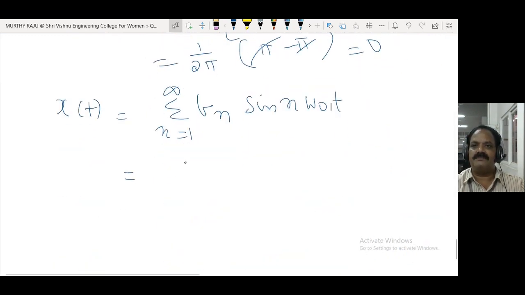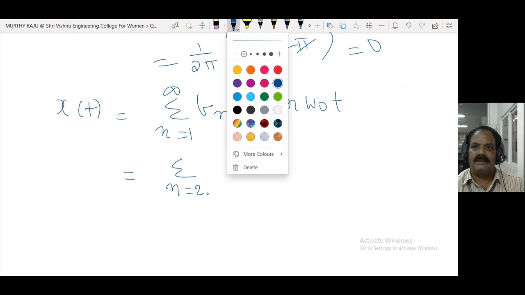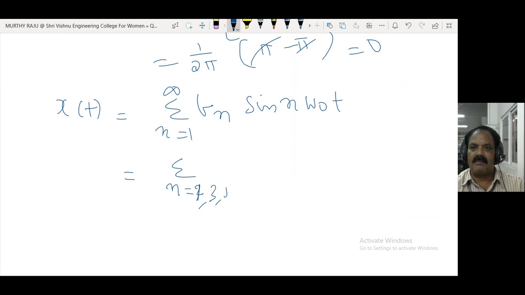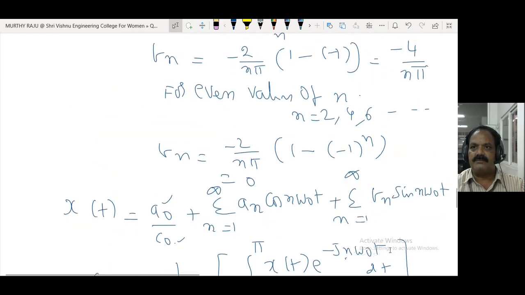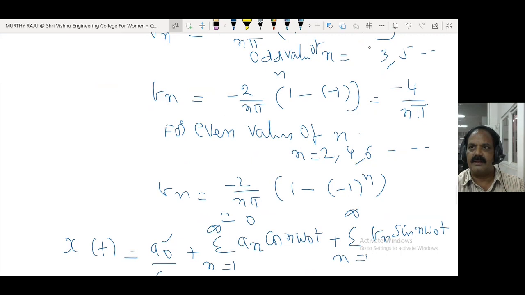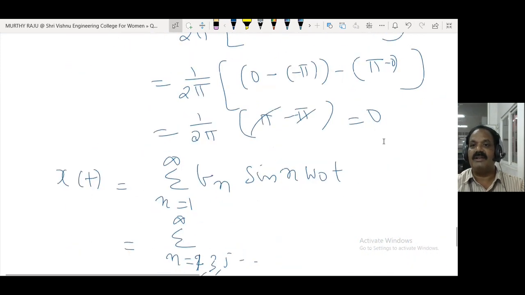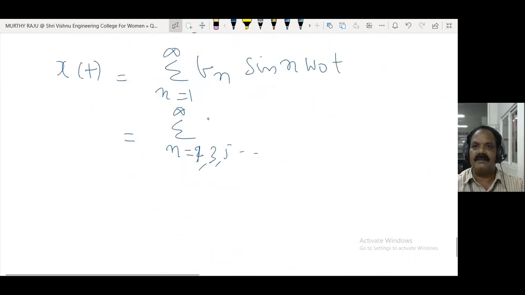That is equal to sigma n is equal to even values, that is equal to not even, odd values of n: 1, 3, 5 and so on to infinity. For odd values, 1 is also included, minus 4 by n pi.